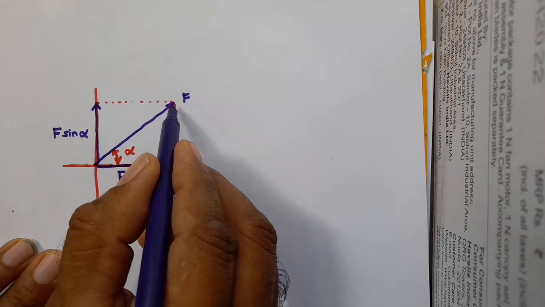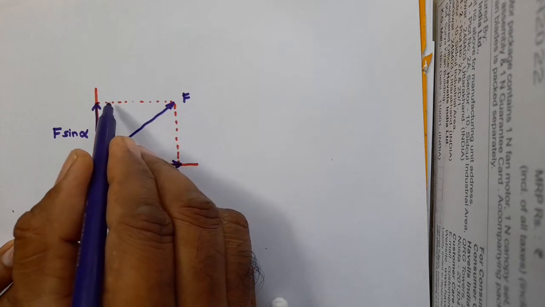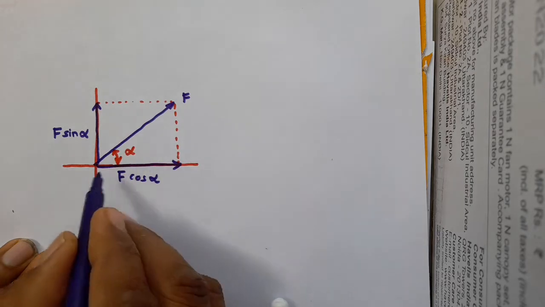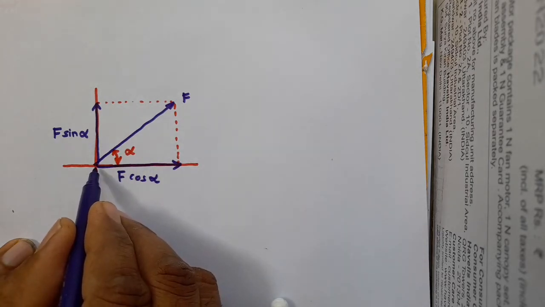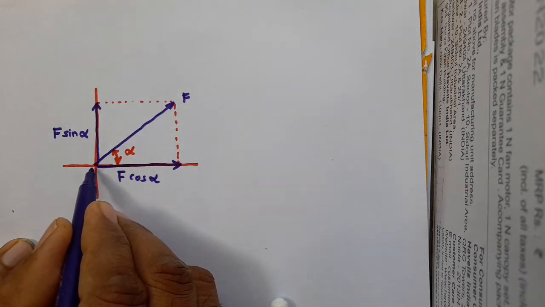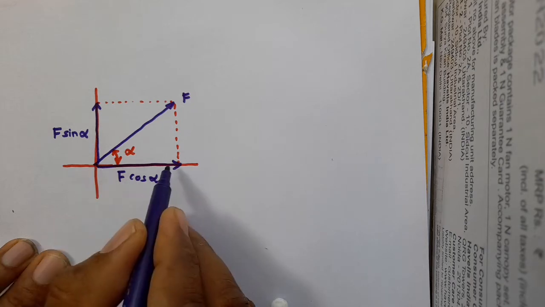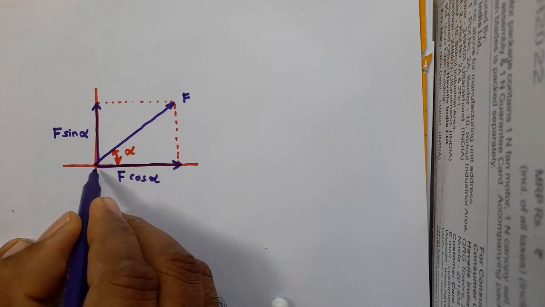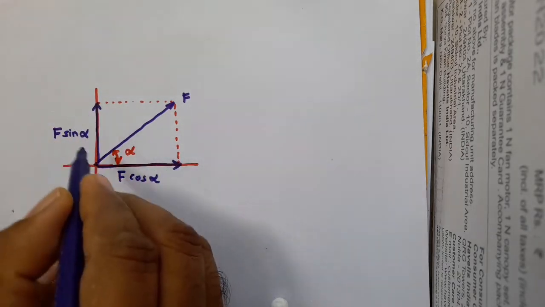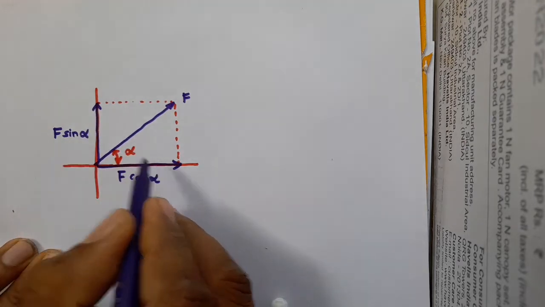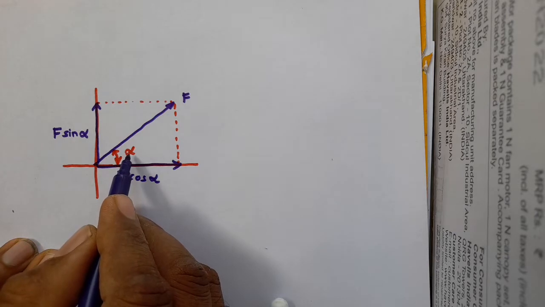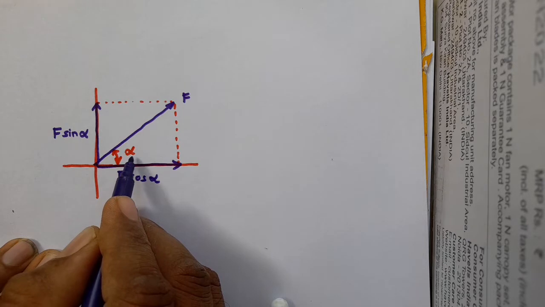After that, through the end point you should drop a vertical dotted line and the horizontal dotted line, and through the start point you should draw a line segment and show the direction away from this, and from this you should draw another line segment up to this and show the directions away. In both cases you should show the directions away. Moreover, this angle alpha should be the acute angle with the horizontal.